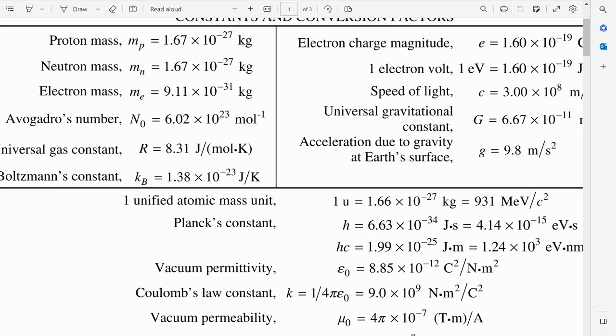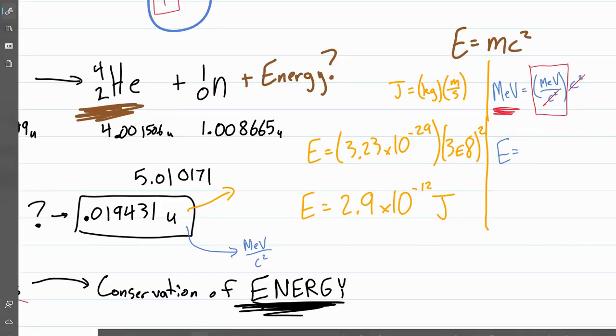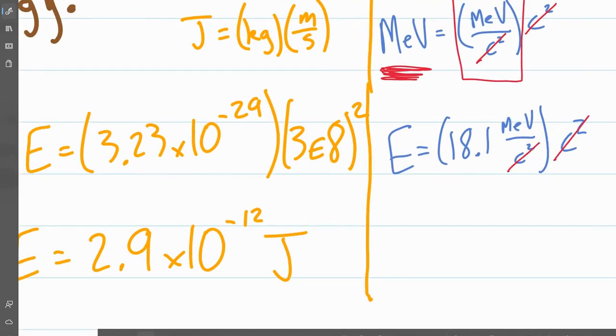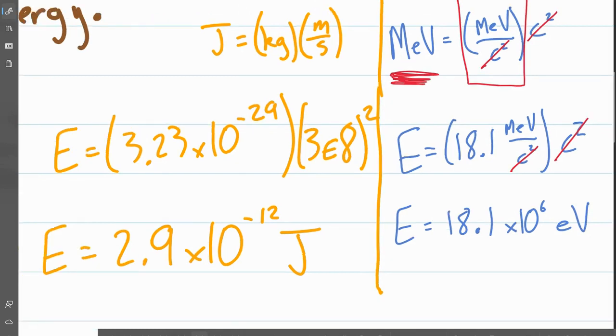So all I have to do is multiply 0.019431 times 931, and that gives me 18.1 MeV, mega electron volts per c squared. So E equals mc squared. What's great is the speed of light squared is on top and on bottom, so those cancel out. Our energy is actually just equal to 18.1 mega electron volts, or times 10 to the 6 electron volts.